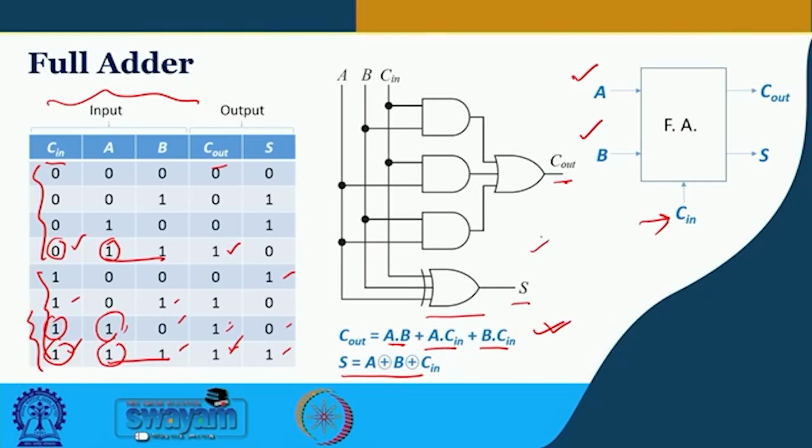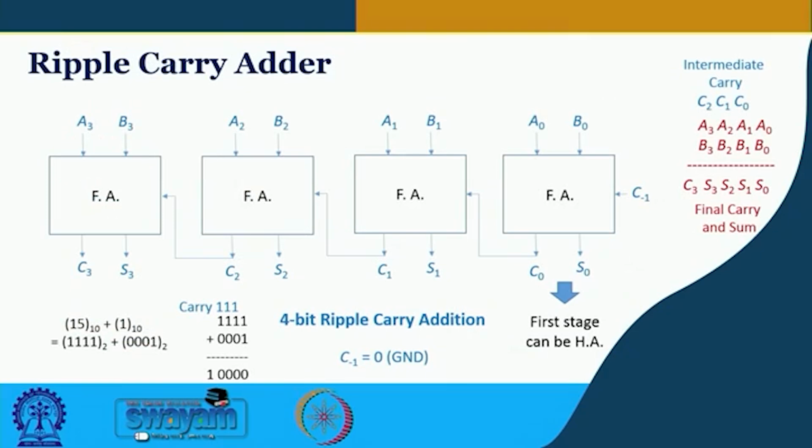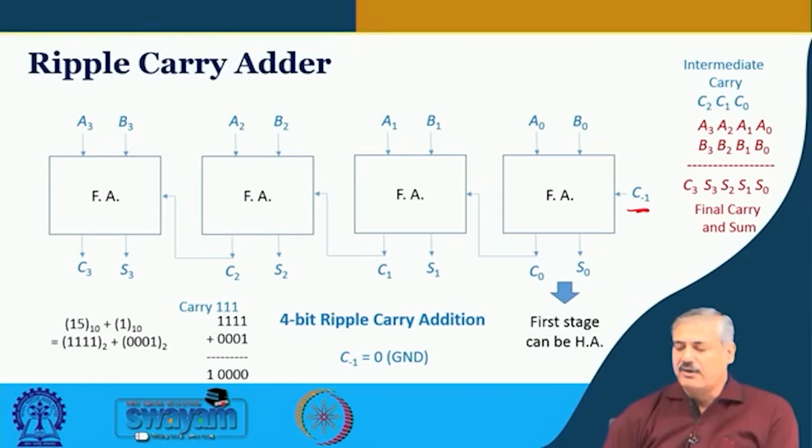This is the full adder block, and this full adder block we are using to develop 4 bit addition. What you can see over here is each of these full adders. This is the first stage, which I said could have been a half adder also.